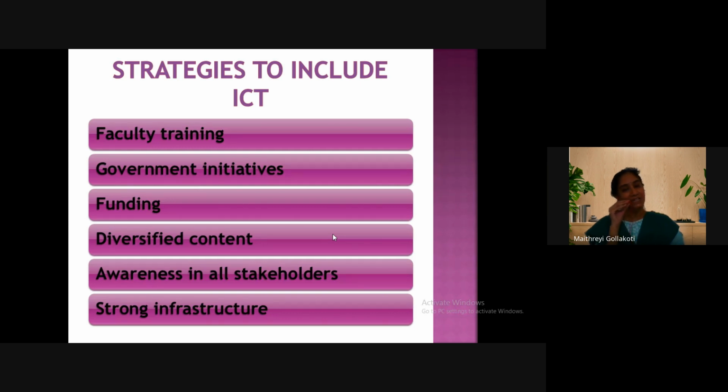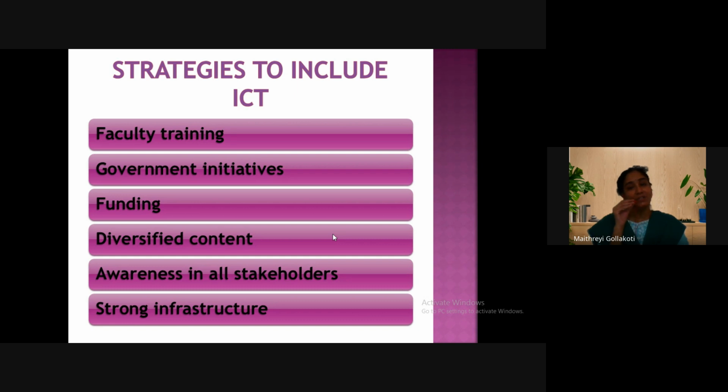Next is government initiatives. We have already discussed government initiatives. The government has started in a big way endorsing ICT, but I think still more initiatives should be taken by the government to make ICT happen in a big way.